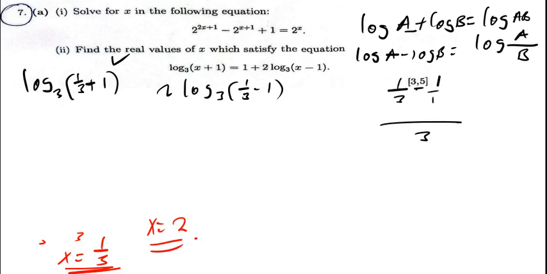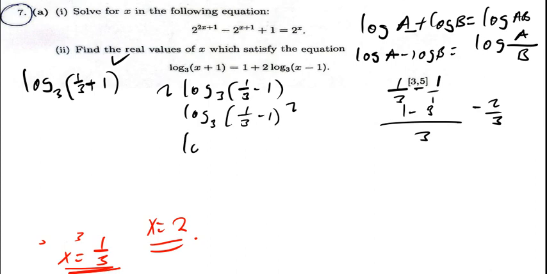Let's see. Here we have 1, then here we have 3, so it will give me negative 2 over 3. So definitely if I have log of a negative... But let's not forget there is a 2. To make things simple, this is basically the same as shifting the 2 to the other side. So I'll have log base 3 of 1 over 3 minus 1, squared.